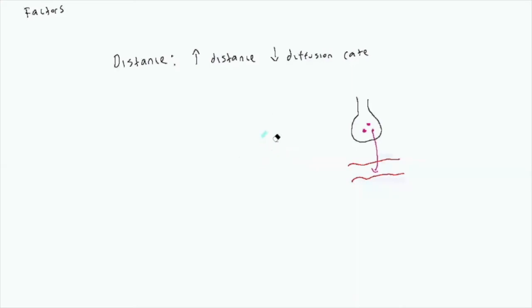Okay. Next example here is going to be molecular size, meaning the size of the molecules. Here we have the larger the size, the slower the diffusion rate. That's just because large things move slower. Next is temperature.